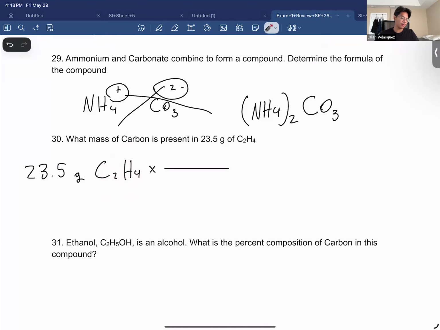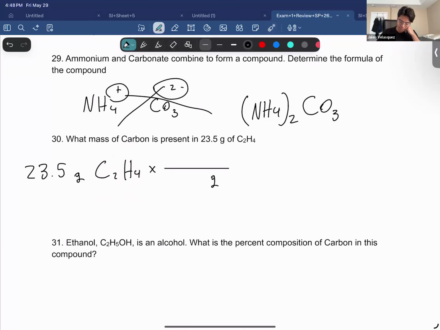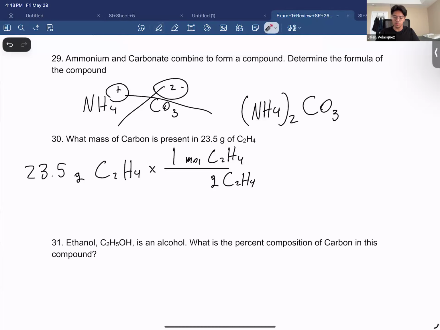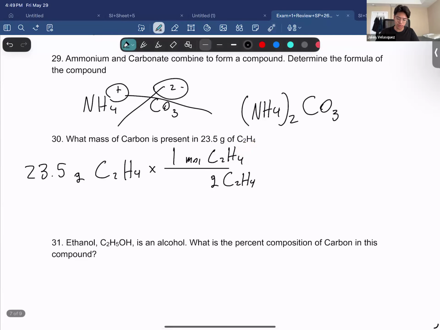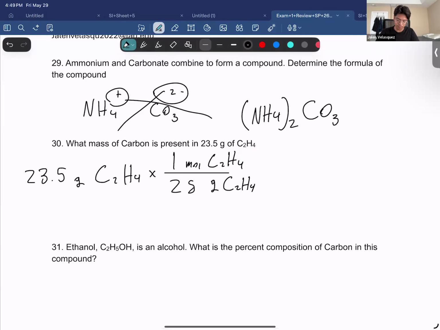To do that, we have to first convert into moles. Remember, to convert from grams to moles, you divide by the molar mass. For the molar mass, you would do 12 times 2 plus 4. So the molar mass for C2H4 is 28 grams per mole.